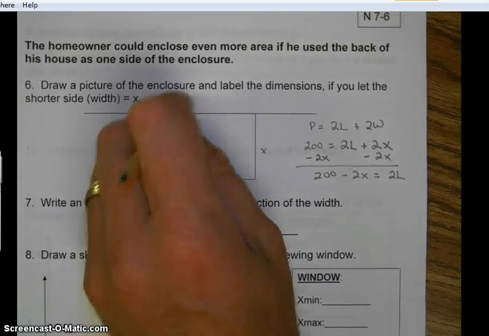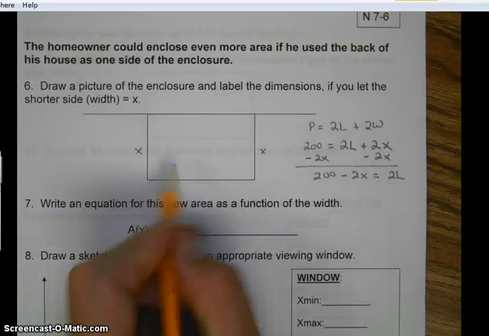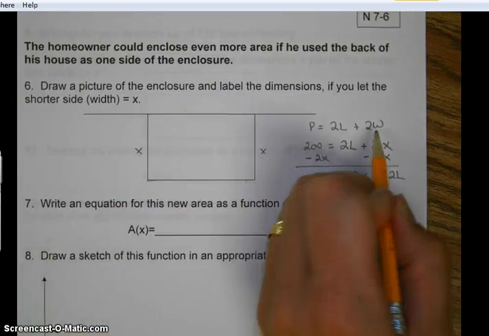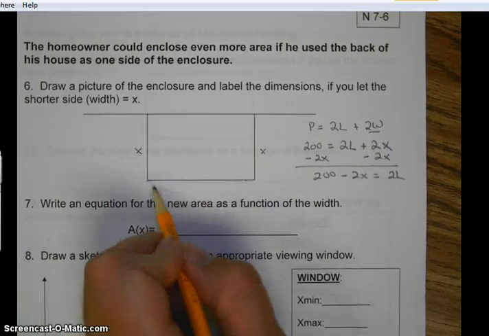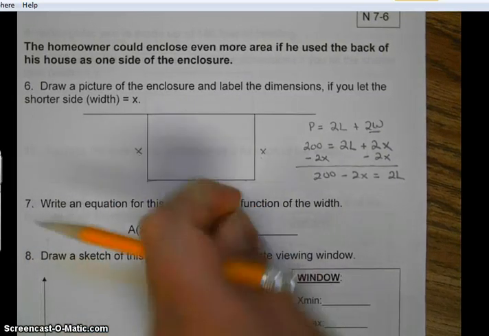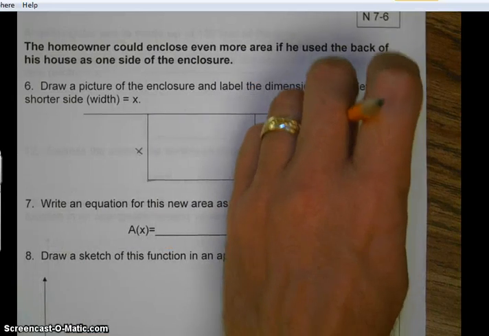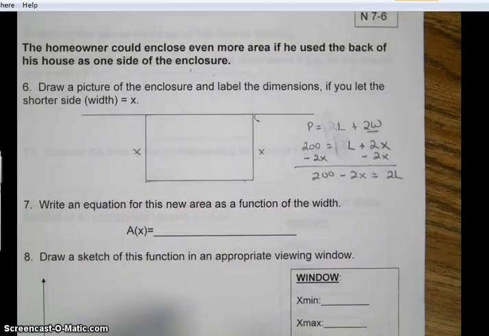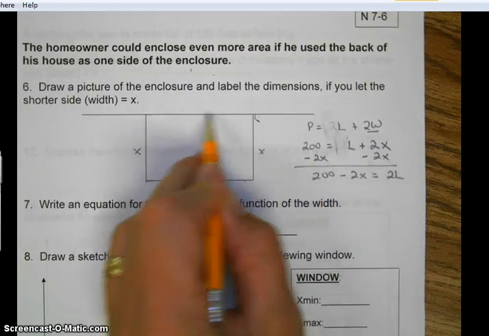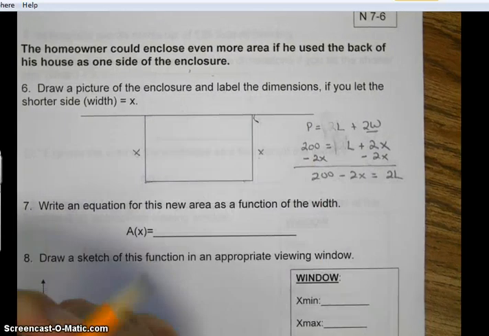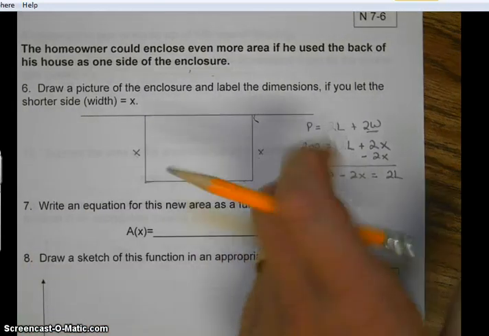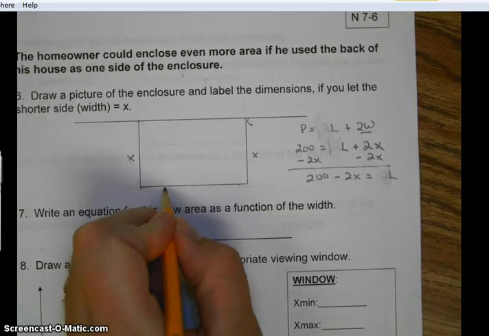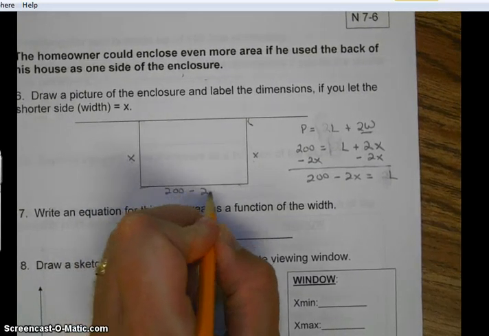We don't have two lengths, do we? We only have one length. So we have two widths, which is this portion right here, and we only have one length that we have to account for. So we don't need a 2 on the L. Because remember, the house is going to take up one side of the enclosure. So we've solved for L. So this side's going to be 200 minus 2x.